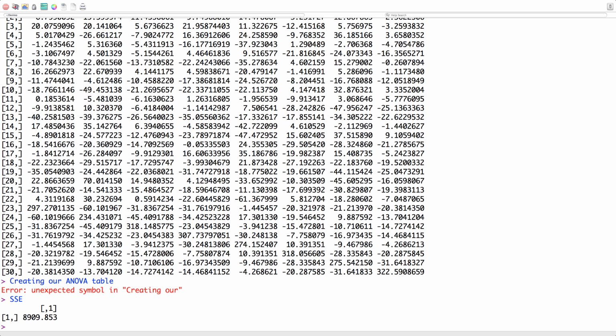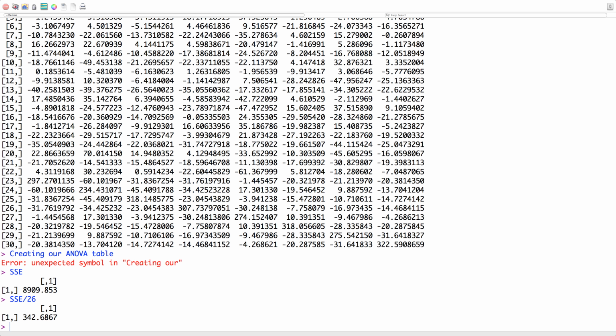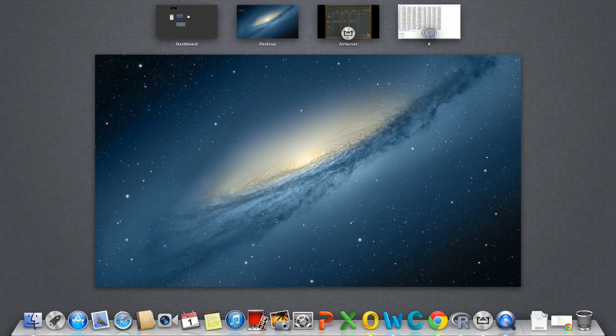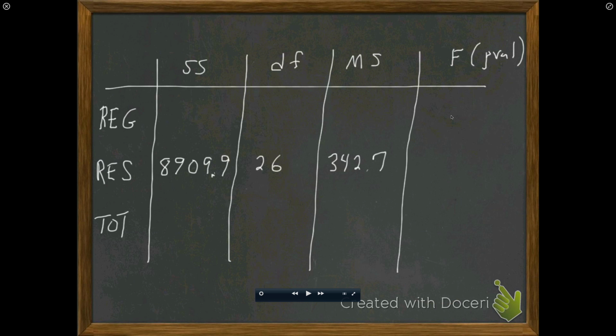Now, we already know that the degrees of freedom for this were n minus p, or n minus k minus 1, and we know that that is 26. And when we take the sum of squares divided by 26, we get 342.7. Now, arguably, some people think it doesn't matter which one you find.